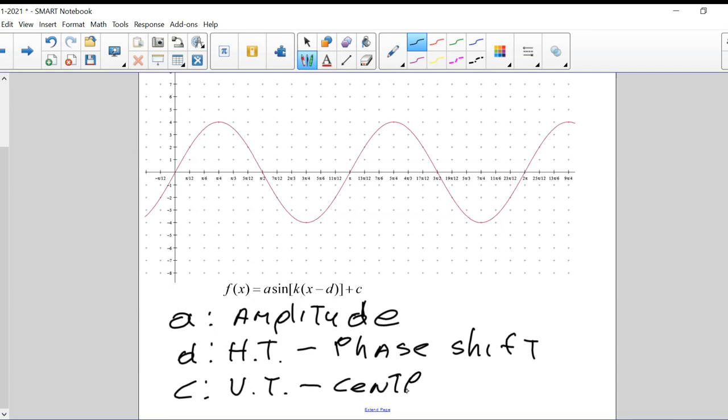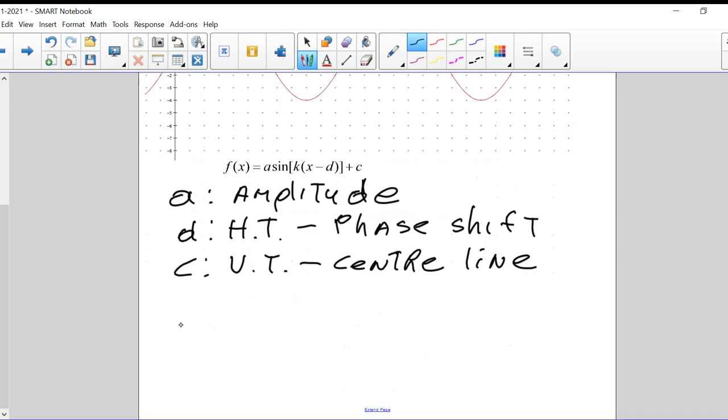I'm going to put that as a thing to help you build these equations when you're putting them together. The C will always be the center line. So if your vertical translation is 6 up, remember, vertical means up or down, then it means that your C is going to be 6, okay? And then the K. Now, we know from the stuff that we did before that this K has to do with our horizontal compression or horizontal stretch.